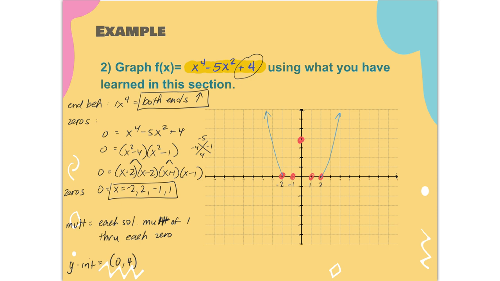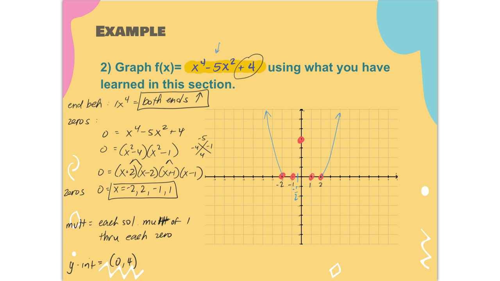So if I was really going to do this problem correctly, I would need to pick a value in between these points. Maybe I would pick negative a half. Now that's hard because it's a fraction, but I would plug it into the equation and figure out what y is, because that would give me an idea of how low my graph is going to go.